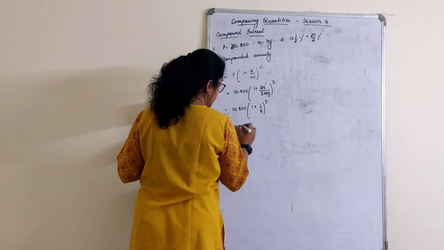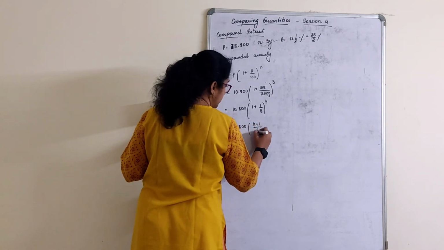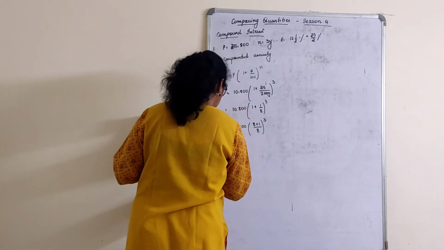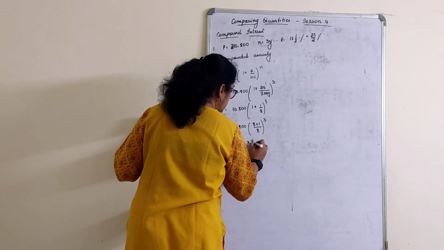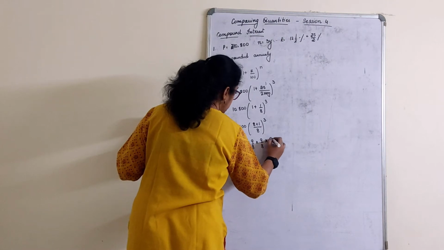LCM, 10,800 of 8 plus 1 by 8. What you get here? Raised to 3. 10,800 into 9 by 8, 9 by 8, 9 by 8.